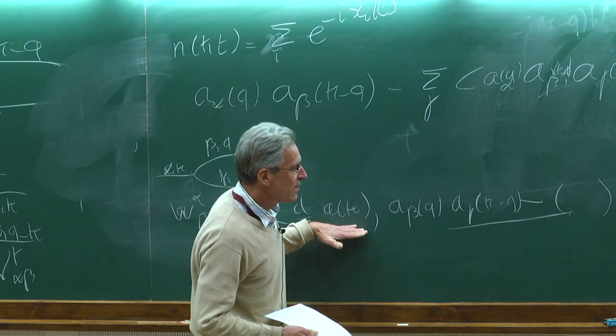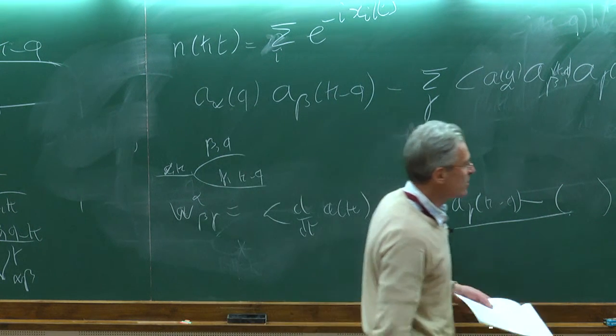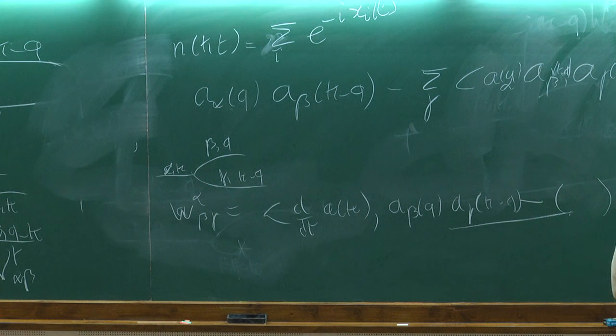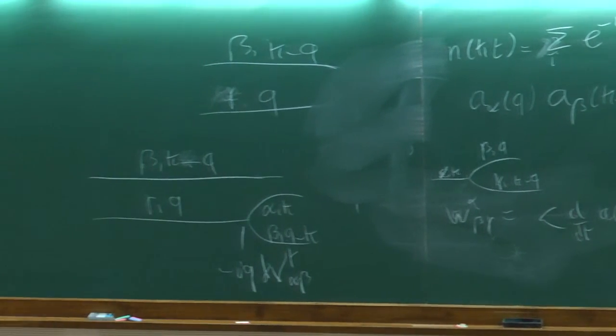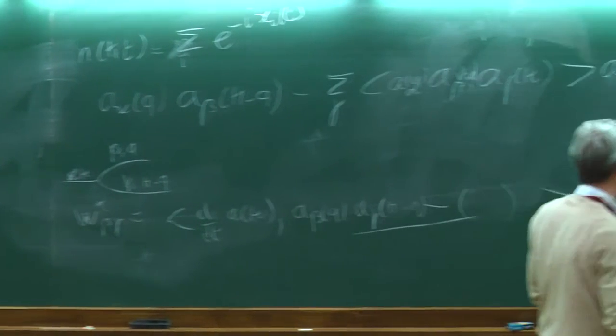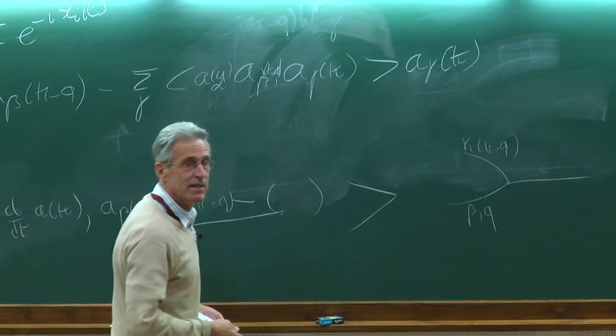But then to get a right vertex, you look at the branching. So you have, say, a beta Q, a gamma K minus Q. Look at the time derivative of that, and look at the component of that along alpha.